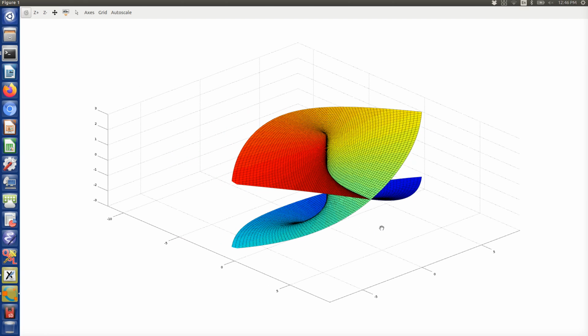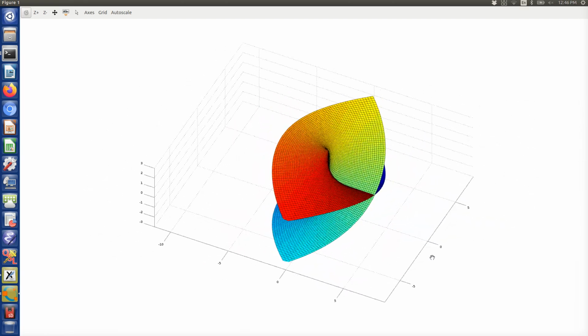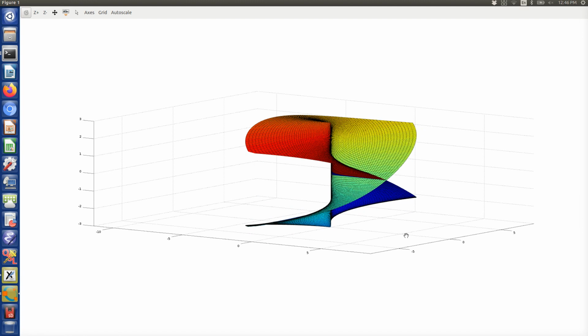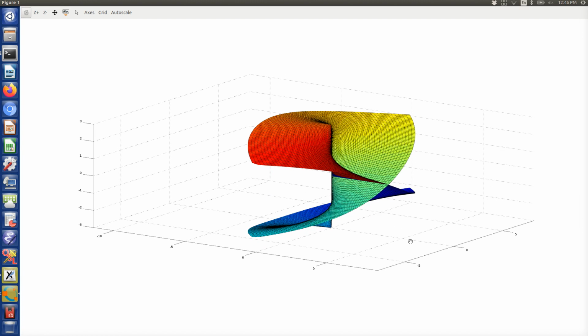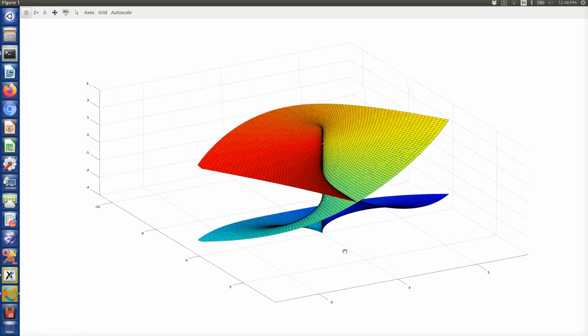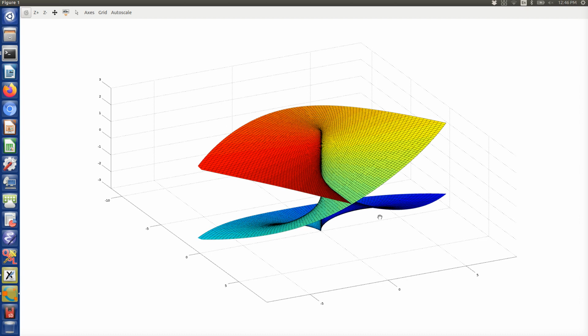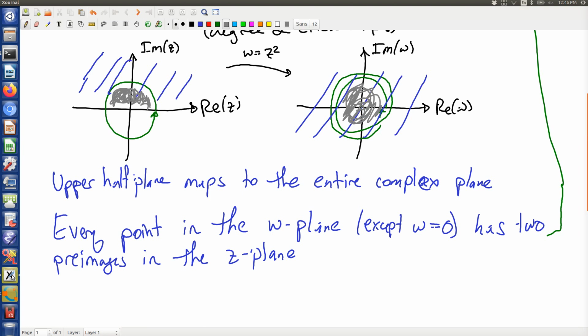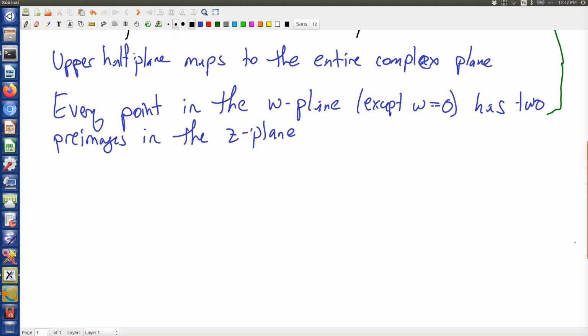The origin has a rather striking structure to it. The origin is called a ramification point in this case, and I have these two pieces coming together. These two pieces coming together suggest that if I try to do the inverse, I'll get a branch cut. And indeed that happens. So what does this mean?